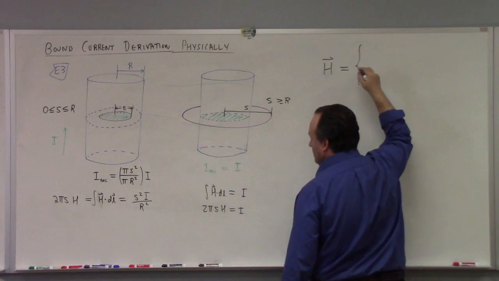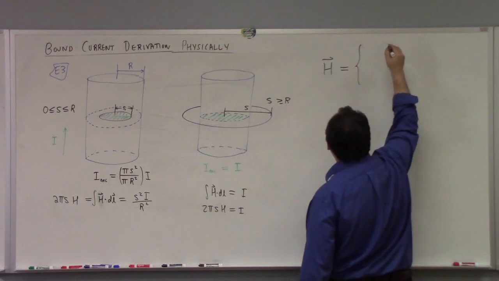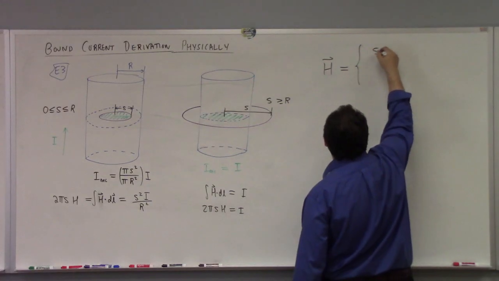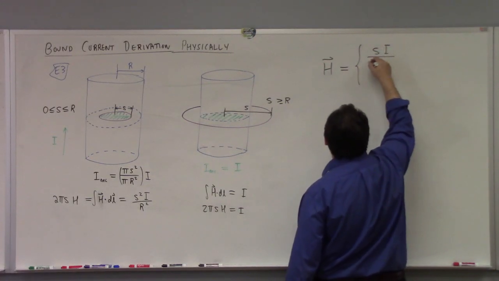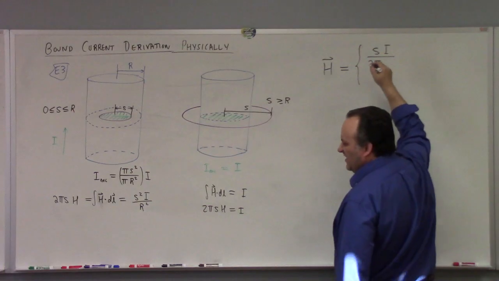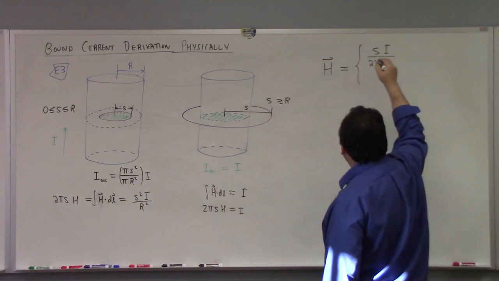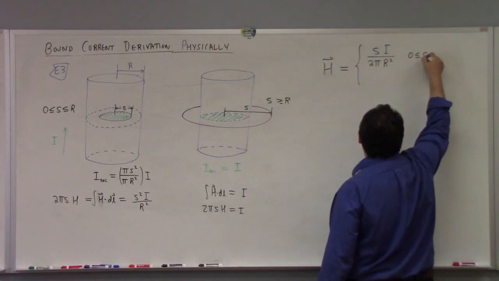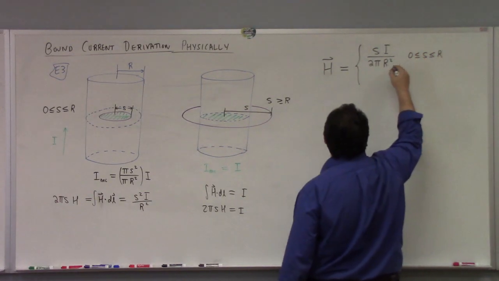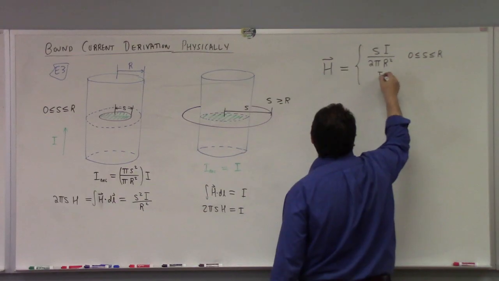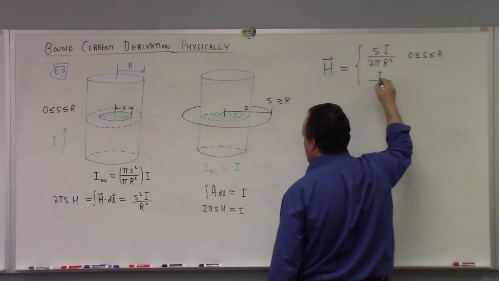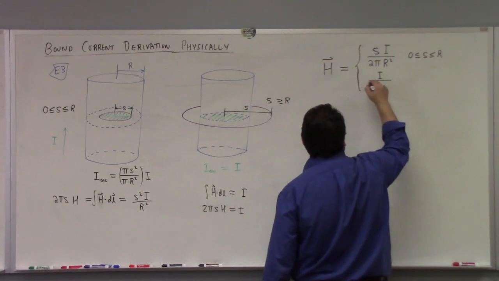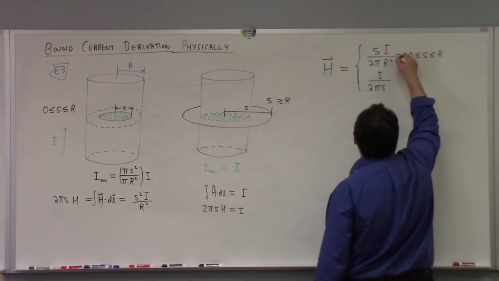H is equal to s I divided by 2 pi r squared. See the s squared and the s canceling? And then outside, we got ourselves an I divided by 2 pi s. And for both of these, the direction is simply phi hat.